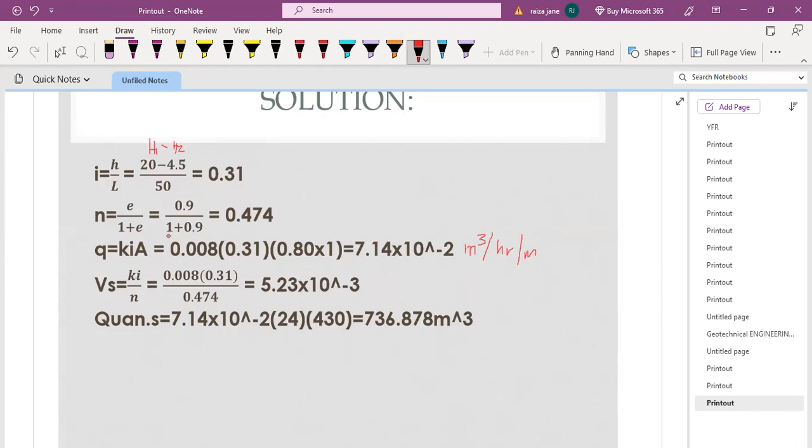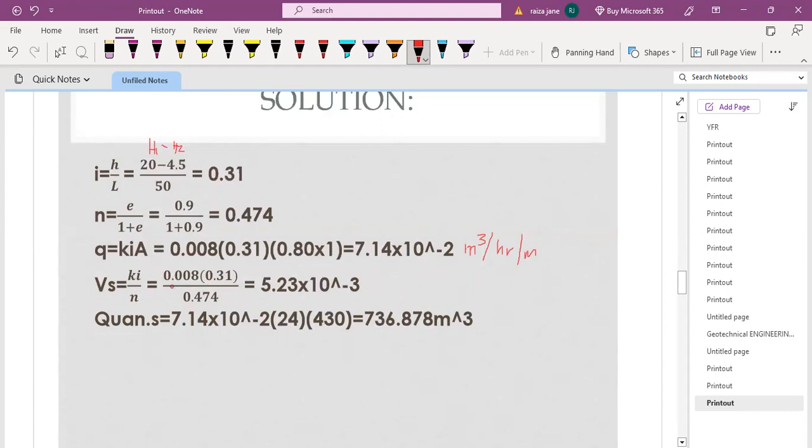So next, determine the seepage of velocity. We have Ki over N. The K is hydraulic conductivity and the velocity, while the I is hydraulic gradient. So substitute the value.